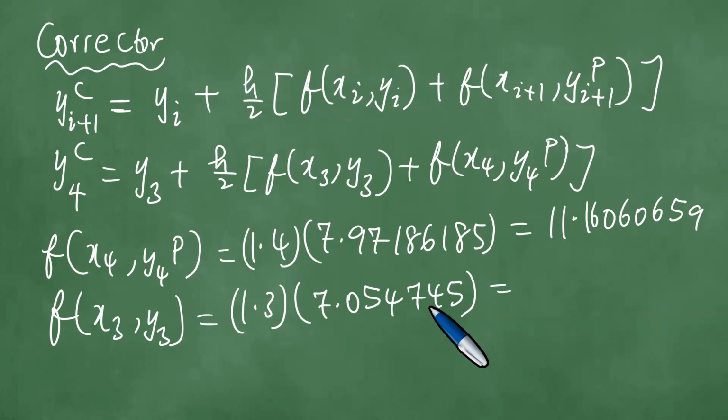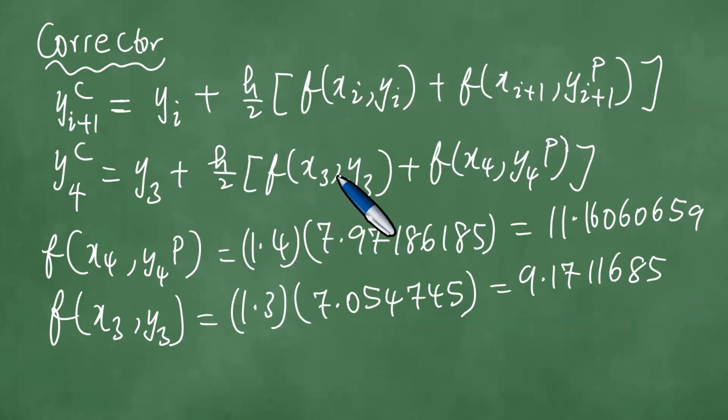Okay, so what is the answer here? 1.3 times 7.054745. And this is the same as 9.1711685.